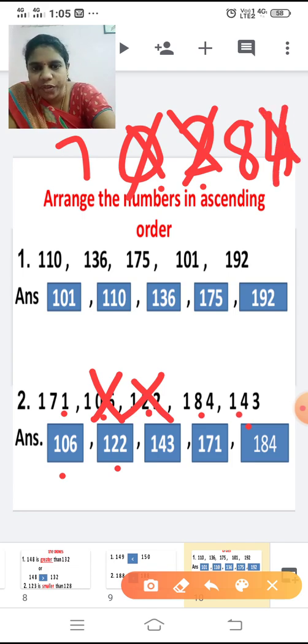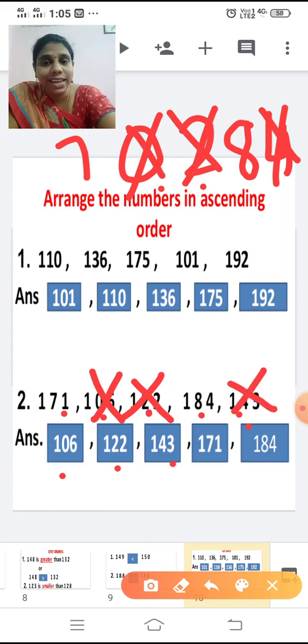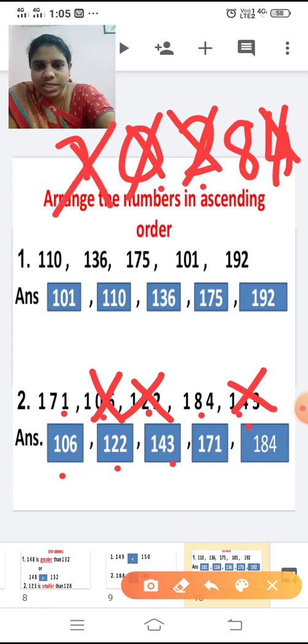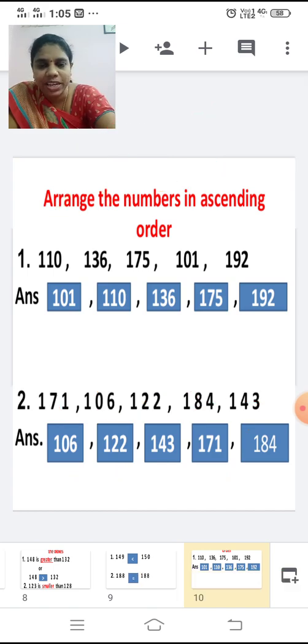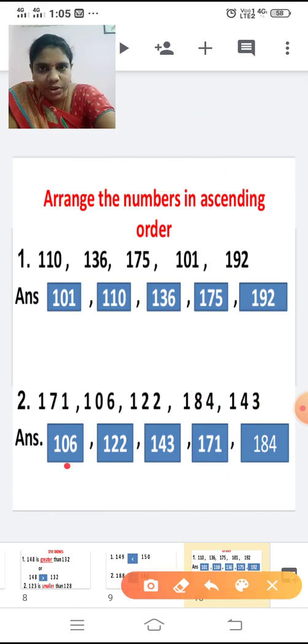So 143. Then 7, 8, which is smaller? 7, right? So 171. And at last 184. I'll repeat it one more time. 106, 122, 143, 171, 184.